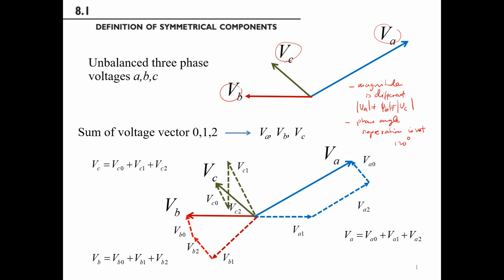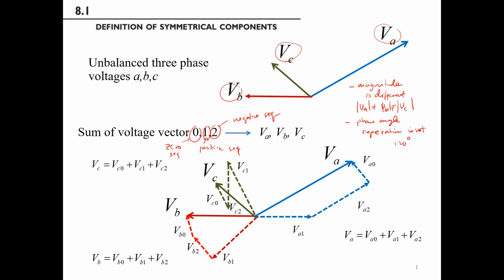The concept of a symmetrical component is that we are trying to express VA, VB, VC as a sum of voltage vectors 0, 1, and 2, where 0 represents the zero sequence, 1 is the positive sequence, and 2 is the negative sequence.